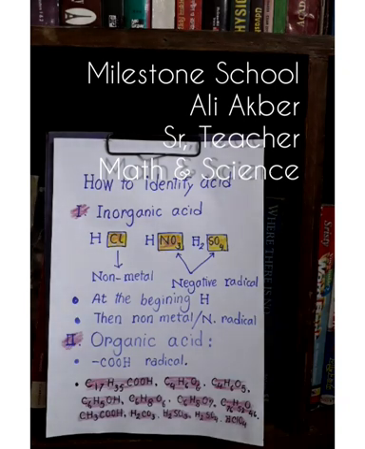First of all, inorganic acid. You see, first I have written HCl, that is hydrochloric acid, then HNO3, that is nitric acid, then H2SO4, that is sulfuric acid. If we observe the given formulae, we will see first of all hydrogen, and then for HCl, chlorine, that is a non-metal.